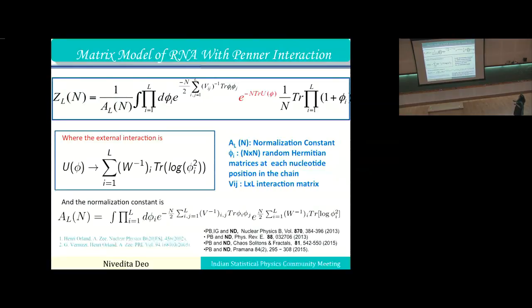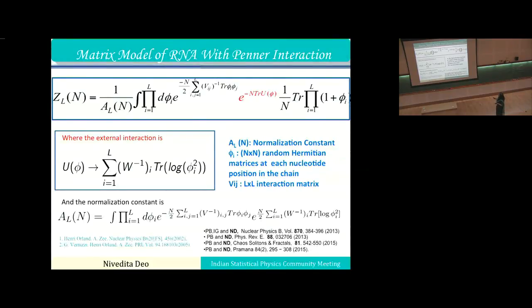Phi_i are the random Hermitian matrices at each nucleotide, and V_ij is the interaction matrix between the nucleotides. This model was proposed by Henri Orland and Zee, and further work was done by Vernizzi, Henri Orland and Zee, and other people.